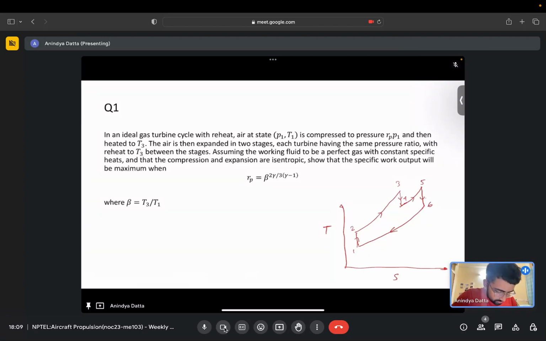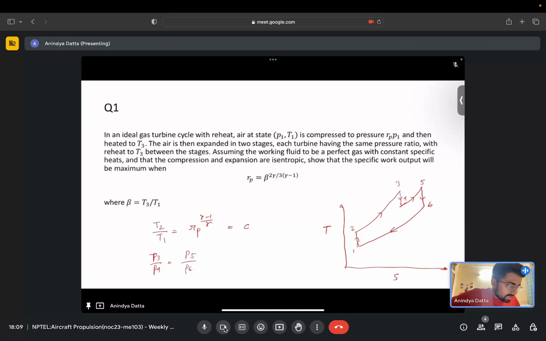Okay, so let's begin. What we can first write, we know from the isentropic relation, T2 by T1 is given by RP to the power gamma minus 1 by gamma, right? Let us, for ease, represent it as C for the time being. Then we know another thing, the pressure ratio P3 by P4 is equal to P5 by P6.